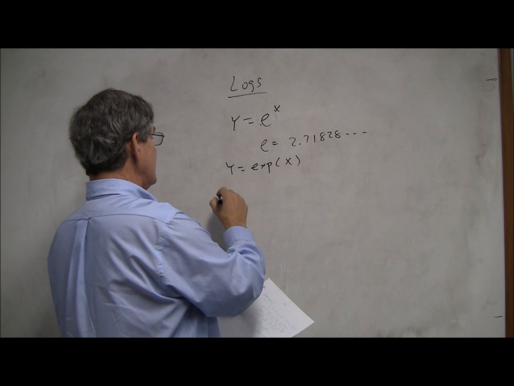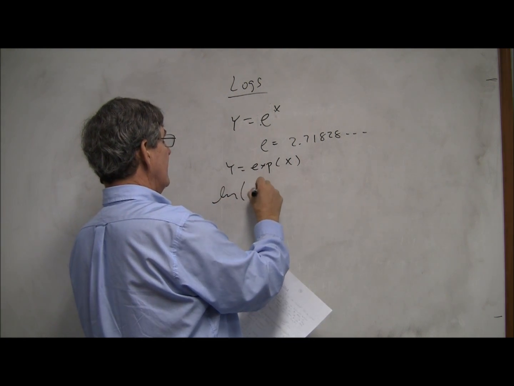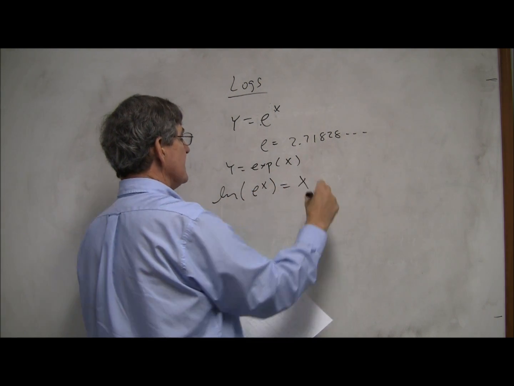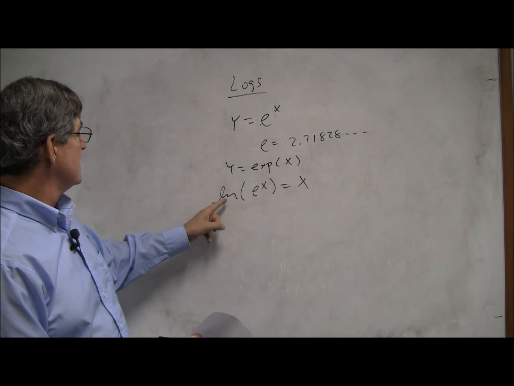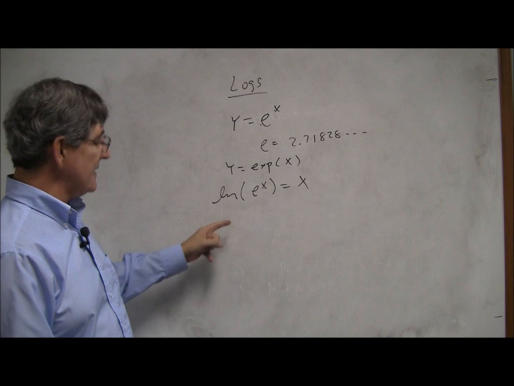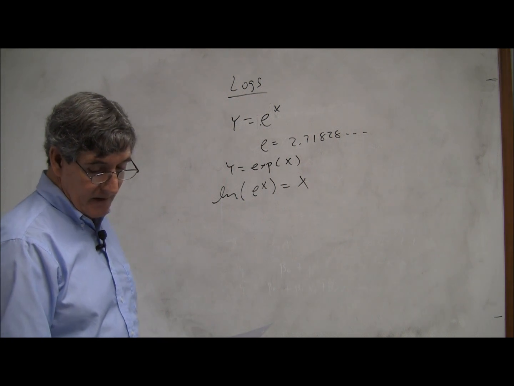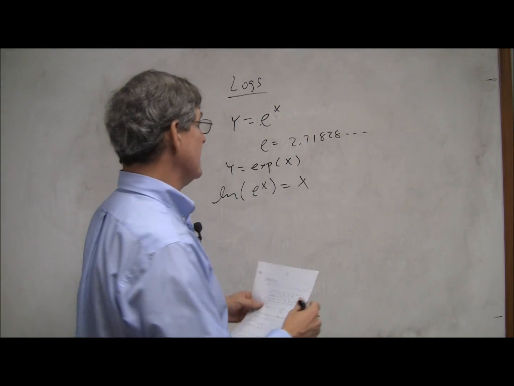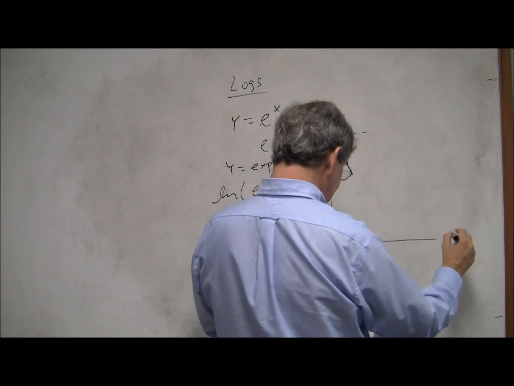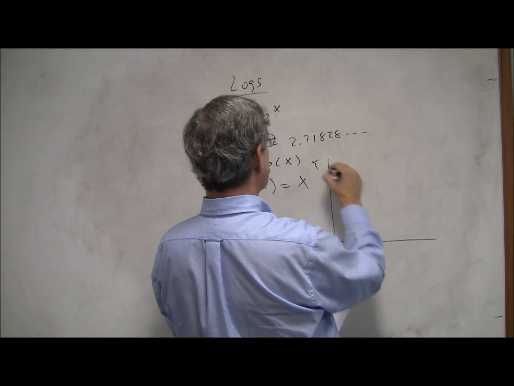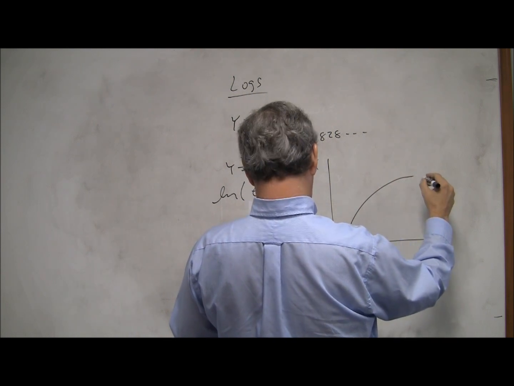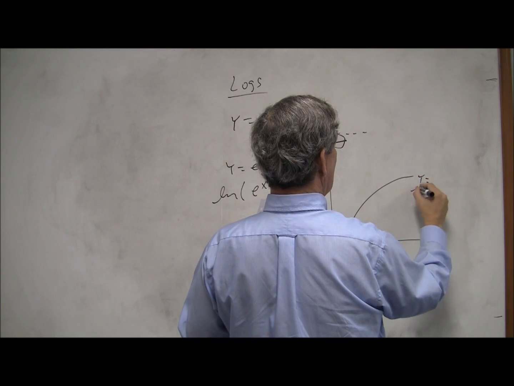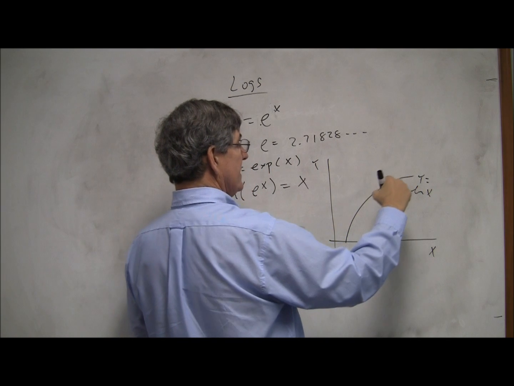What I just wanted to note is that the log of e to the x is x. And so log and e are inverse functions. So the log is the inverse of e, and e is the inverse of the log. If you put y here and x here, y equals log x looks something like this.